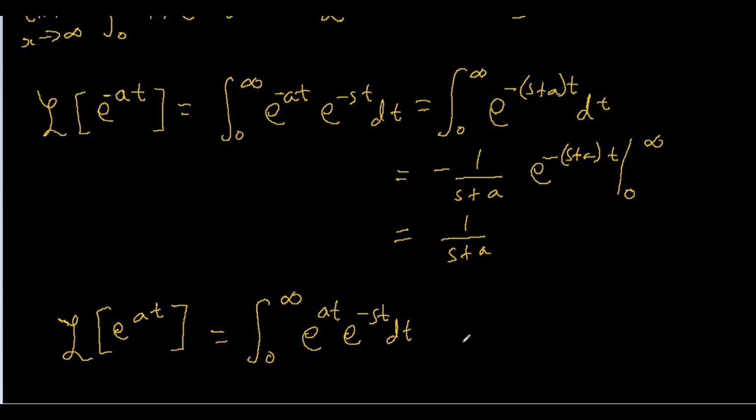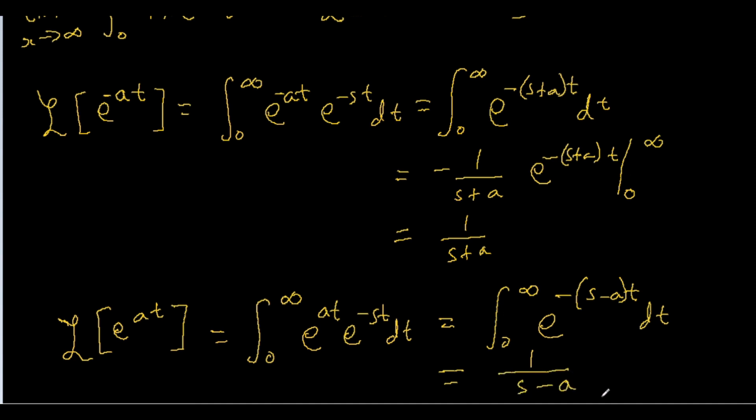If we combine this, that's the integral from 0 to infinity of e to the power of, let me pull out the negative sign, minus s minus a, t dt. I left this negative sign out because it comes out with the coefficient, and then our answer is simply positive. So this obviously should be 1 over s minus a.